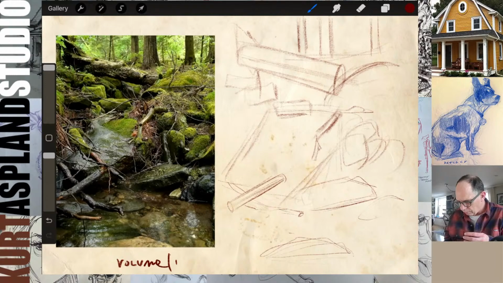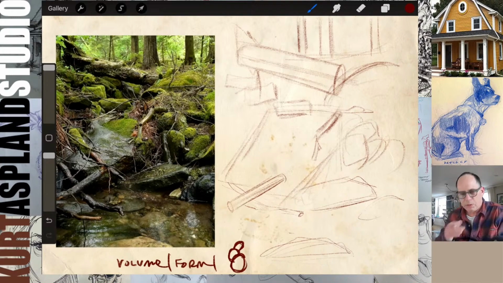I'm going to start thinking of form. I'm asking myself, what are the layers? What objects are in front of what other objects? Okay, layering. And then once I have all that, that would be part of my construction.